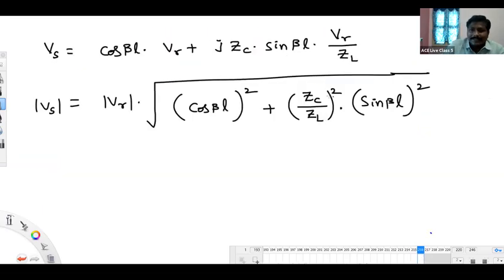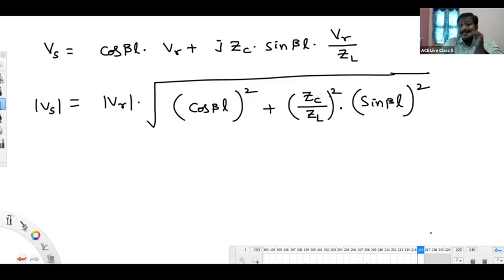Okay. So if this is greater than 1, look here please: (Zc by ZL) square into sin square beta L plus cos square beta L. Actually, in the previous case, ZL and Zc are equal, so this ratio is 1 and you get cos square beta L plus sin square beta L, which is 1. So definitely mod VR and mod Vs are equal.